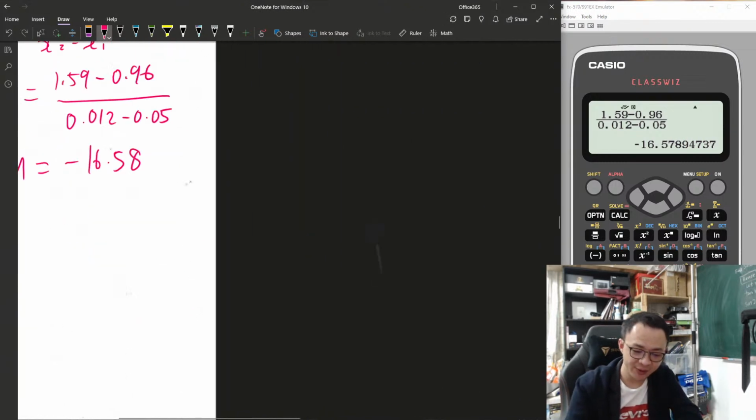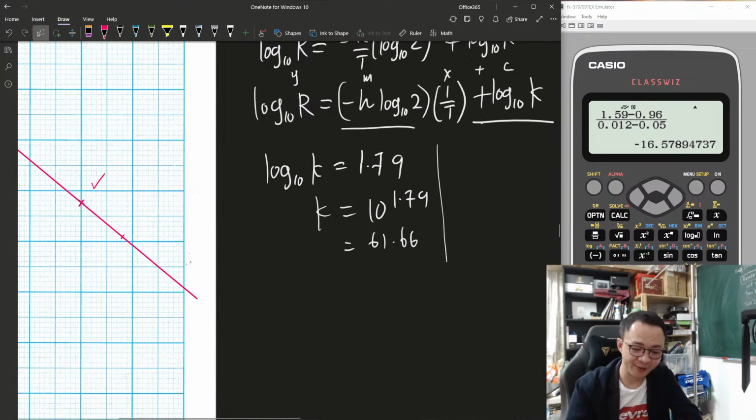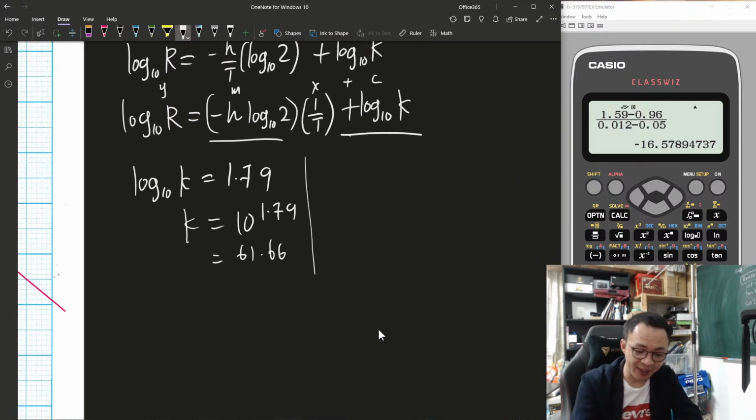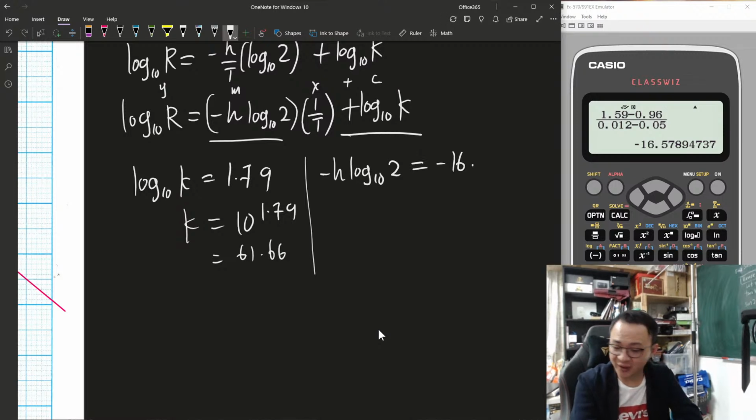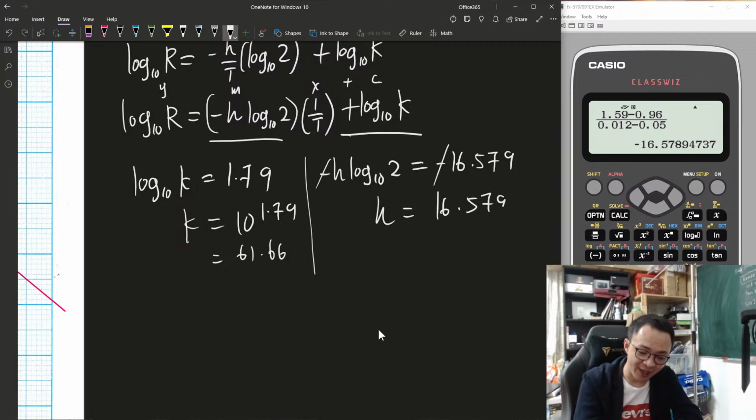So from here, what is my gradient? You can see my gradient is negative h log 10 2, isn't it? Equals to negative 16.579, that's also fine, more accurate, later only I round off. To cancel the negative on both sides, h is basically 16.579 divided by log 10 2.